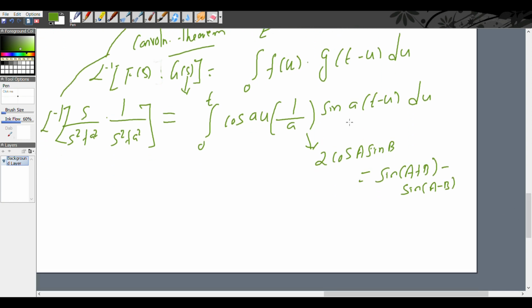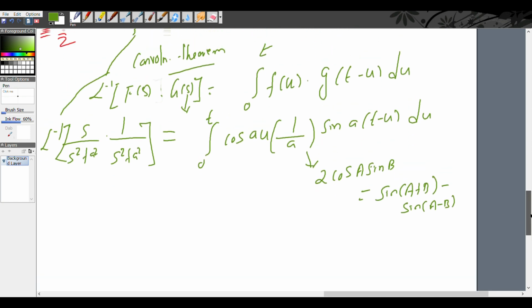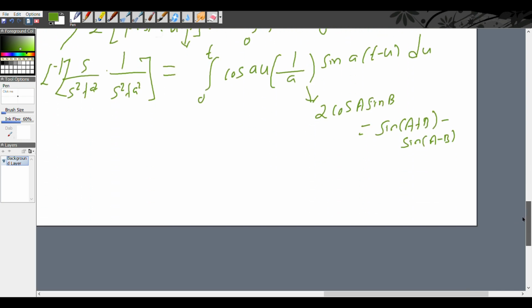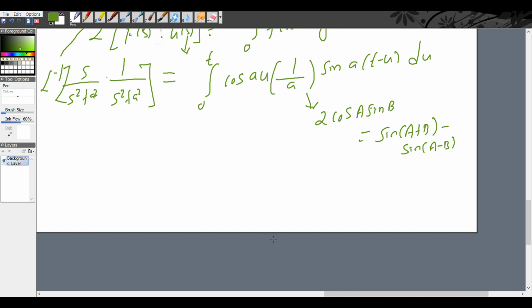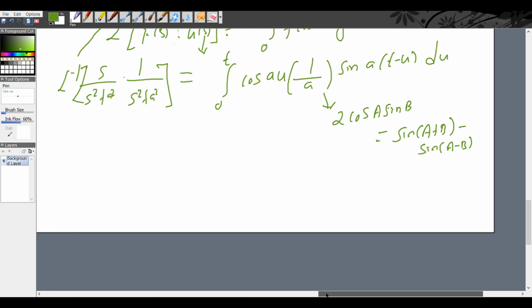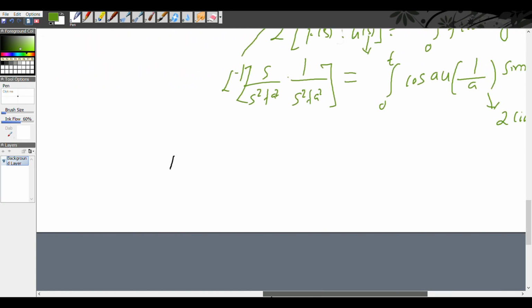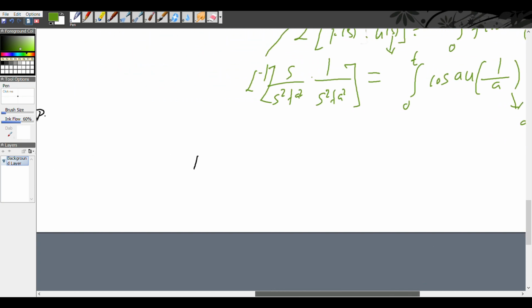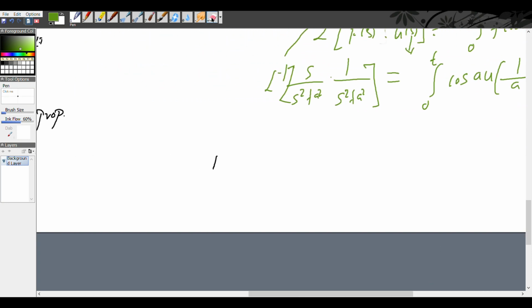So somehow I have to make this equation into this particular form. Okay, let's try to finish here itself. I am writing it here because of the unavailability of space.